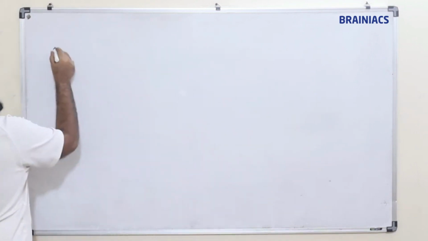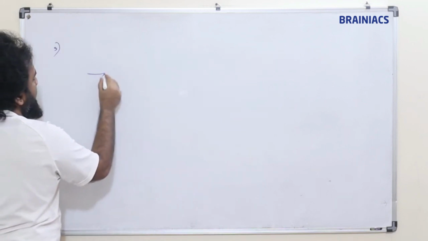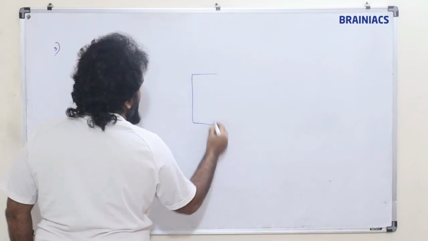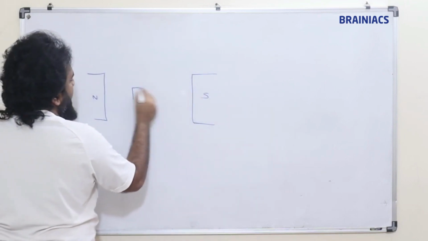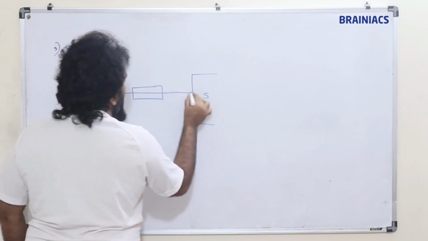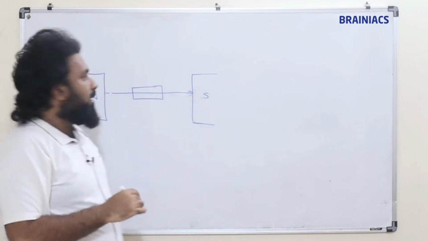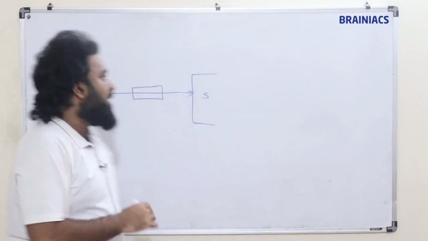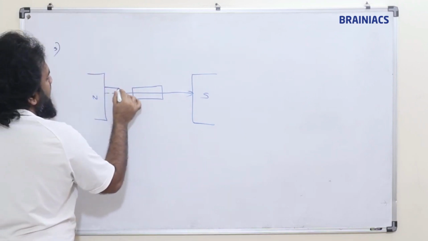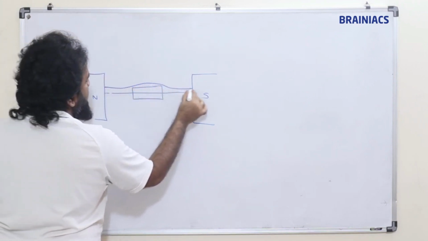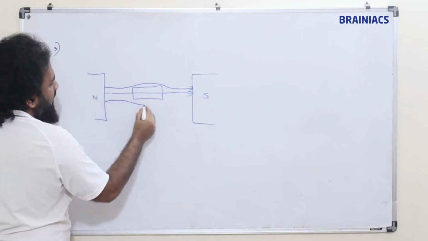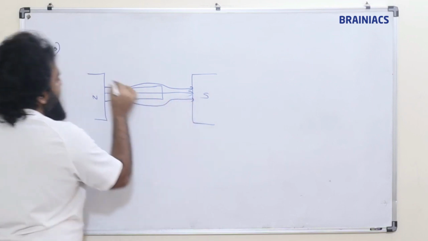Now suppose we keep a diamagnetic material in a uniform magnetic field. Then the magnetic field lines inside the diamagnetic material will be less dense.